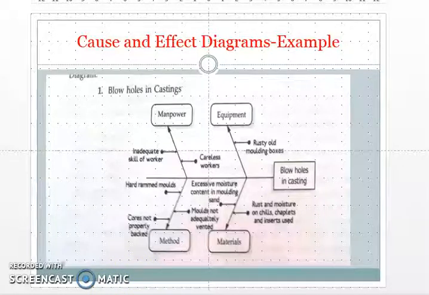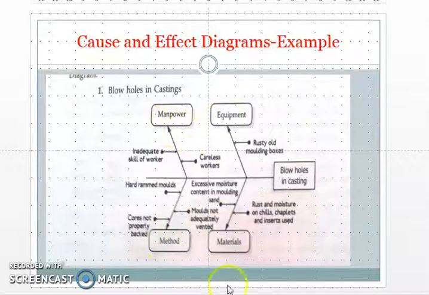But before that, once again I will repeat the procedure or steps in cause and effect analysis. First you have to identify the problem. Here the problem is that there are blowholes in casting. Then note the main categories. Here the main causes are equipment, manpower, material and method.